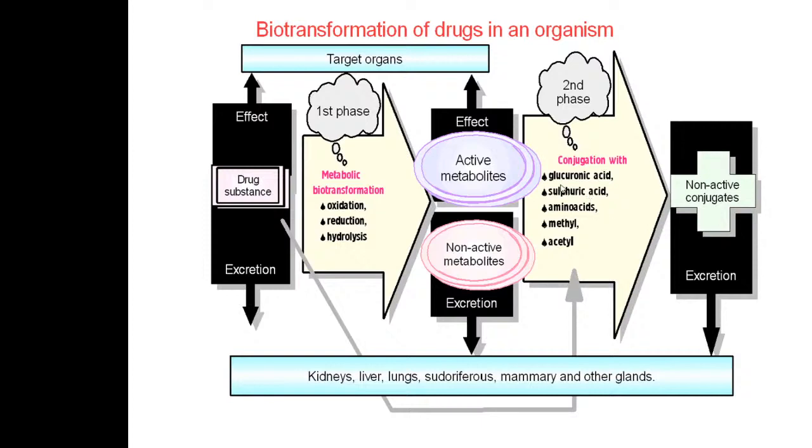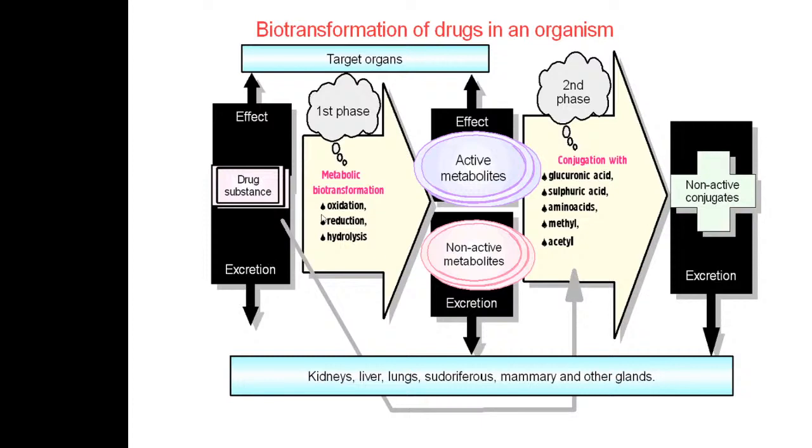That is why conjugation is called synthetic reactions. So all reactions of formation of conjugates are called synthetic reactions. And because of these two stages, the drug becomes more hydrophilic. That is why it is excreted faster from the organism.